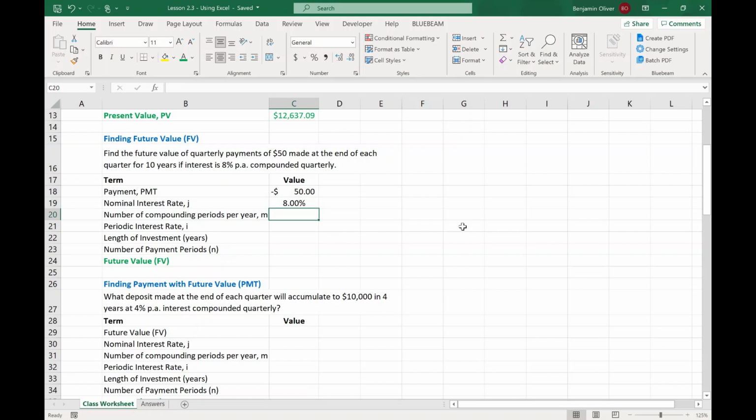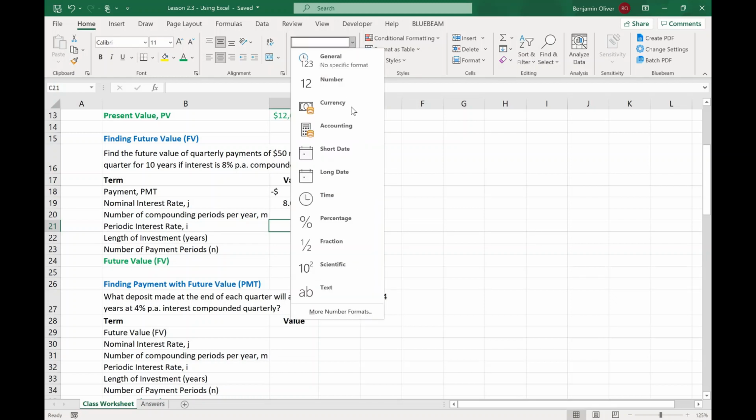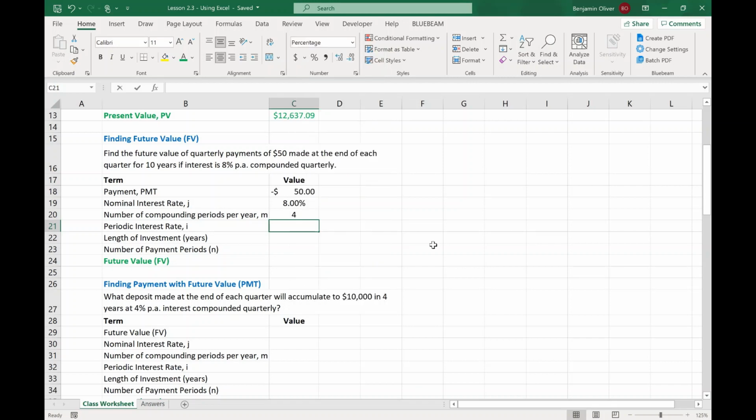Our number of compounding periods per year is quarterly, which means 4 per year. Our periodic rate of interest, again, I will convert this to a percent, so I will click the drop-down menu and go to percentage. It's equal to our nominal rate of interest divided by our number of compounding periods per year.